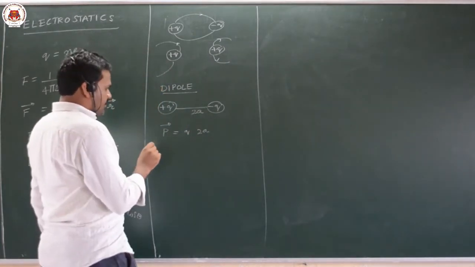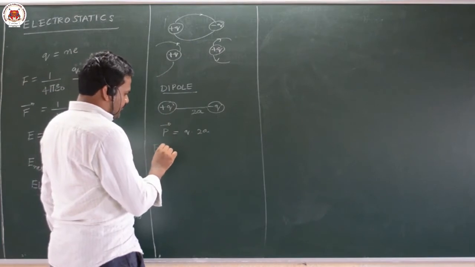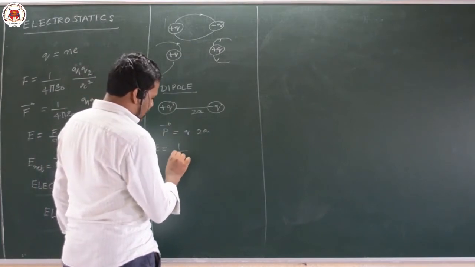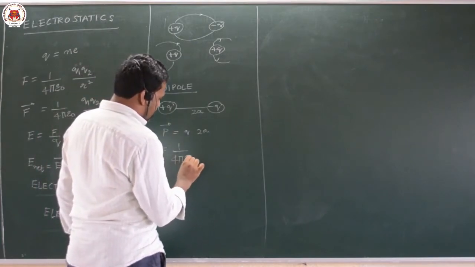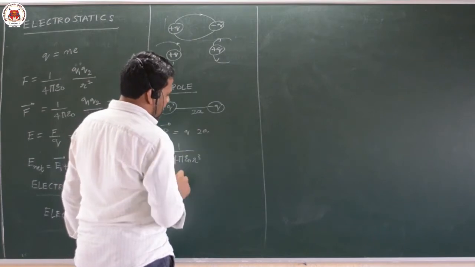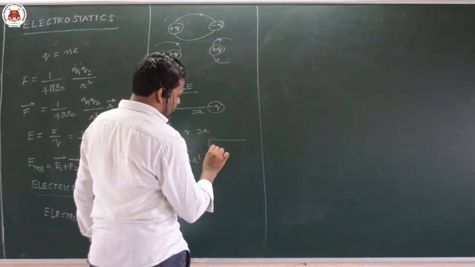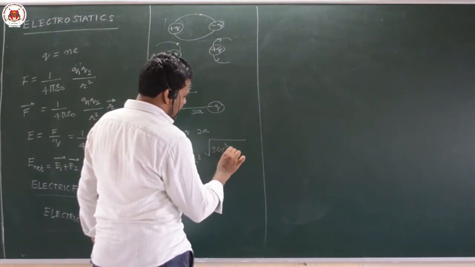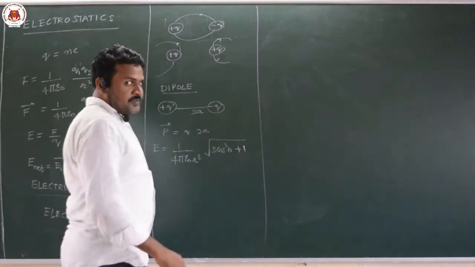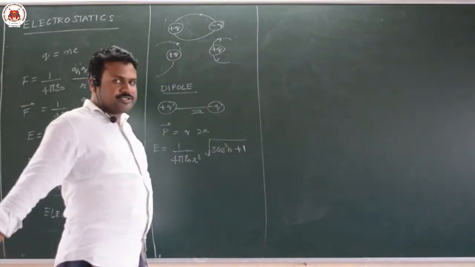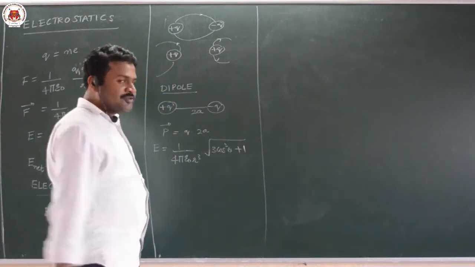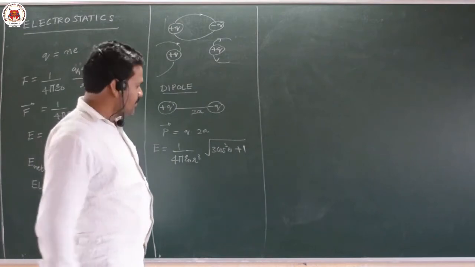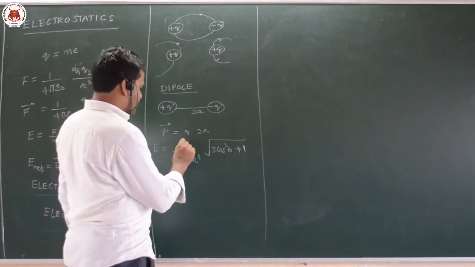And electric field at any point of the dipole is 1 by 4 pi epsilon naught R cube into root of 3 cos square theta plus 1. If it is axial line, here you substitute 0. If it is equatorial line, substitute 90 into P, here P will be there.